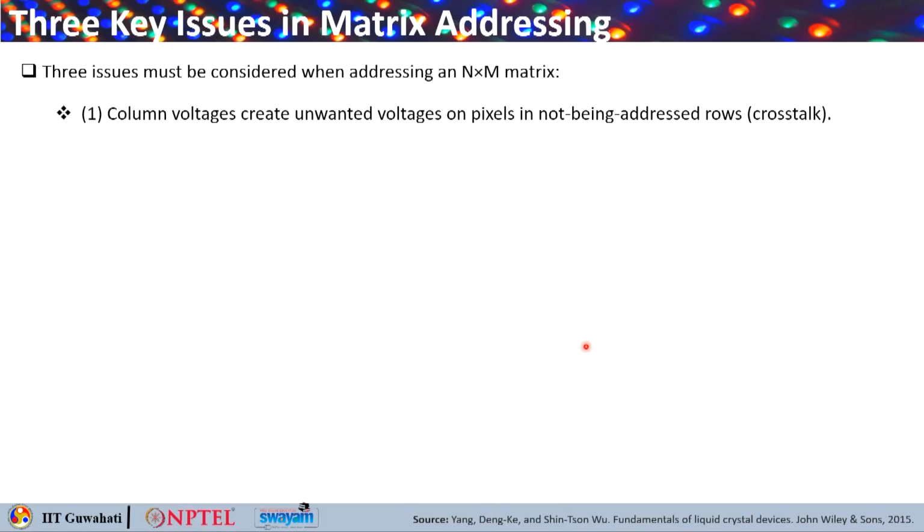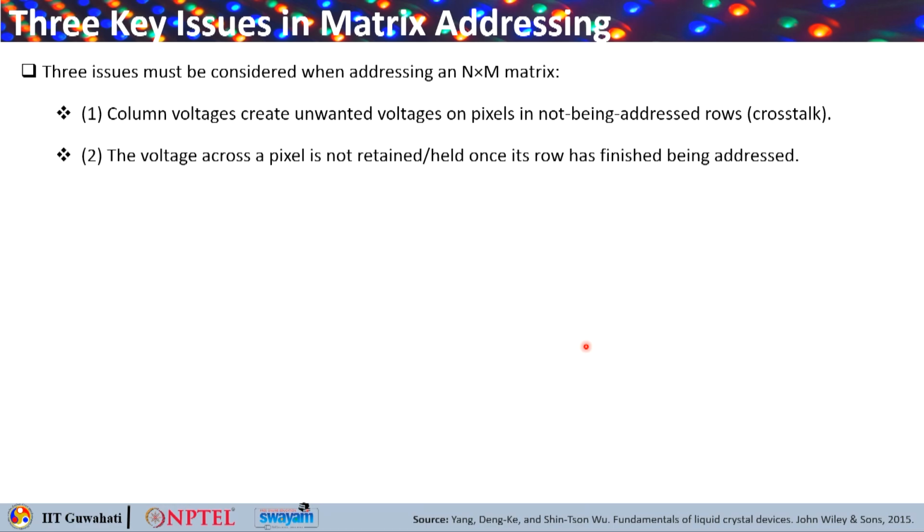Here are the 3 key issues that you see in this kind of matrix addressing. The first one is that the column voltages create unwanted voltages on pixels, particularly in the rows not being addressed. This is called crosstalk, which you have just seen. The second issue is that the voltage across a pixel is not retained or held once its row has finished being addressed.